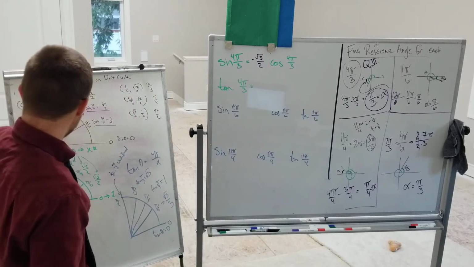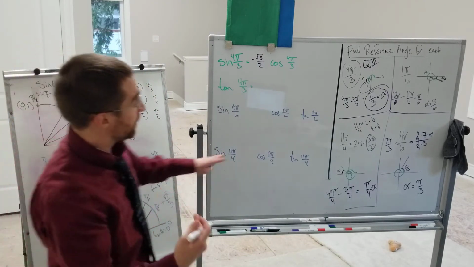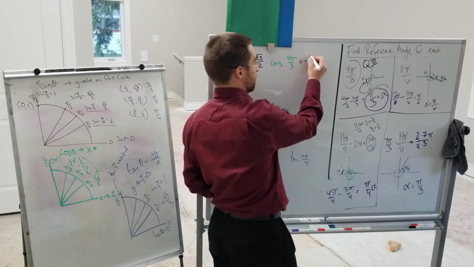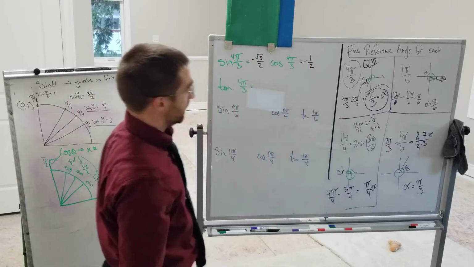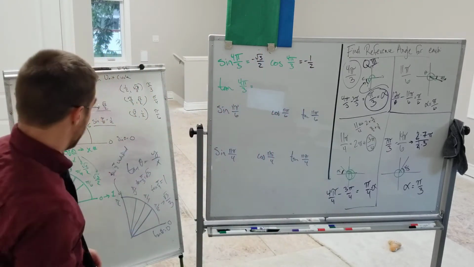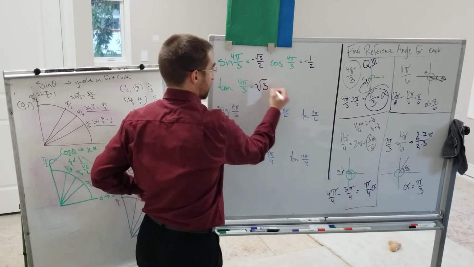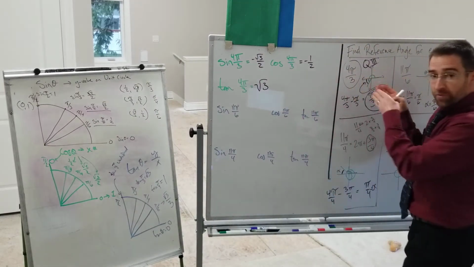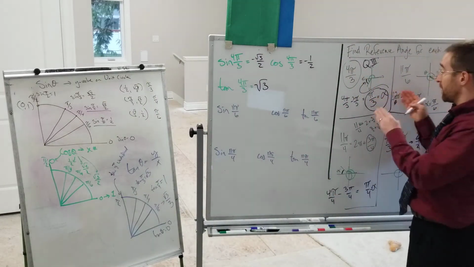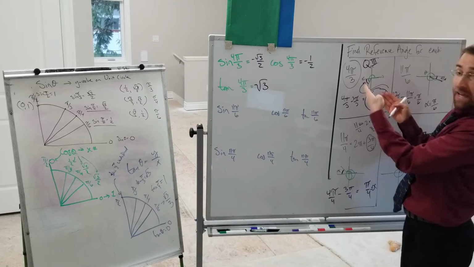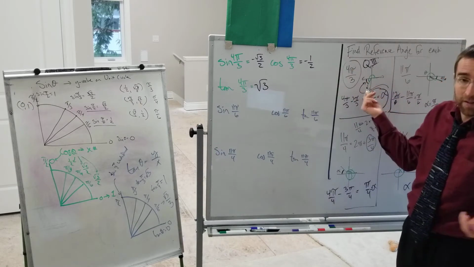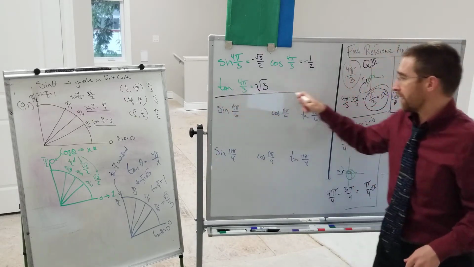Cosine at pi over 3 is 1/2, but because we're in quadrant 3, negative 1/2. And tangent of pi over 3 is square root of 3. Because we're in quadrant 3, it stays positive for the tangent because we have a positive slope there, right? It's negative divided by negative. And that's it, we got it. We're done there.